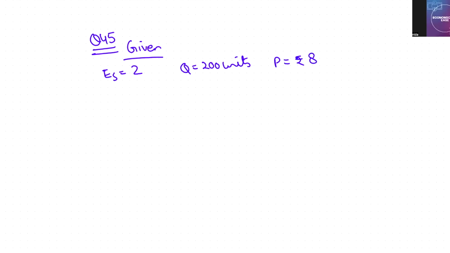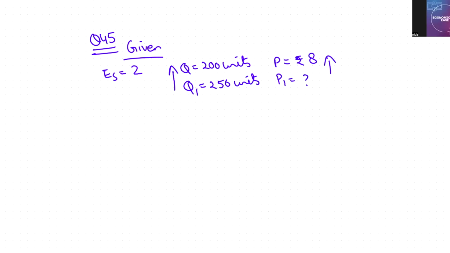Okay, at what price will it supply 250? At what price will it supply 250? Please pause the video and start doing it. You know the strategy, the key point here: as the quantity increases, it means the price will also increase. Now please calculate it by yourself and then check the rest of the answer here.